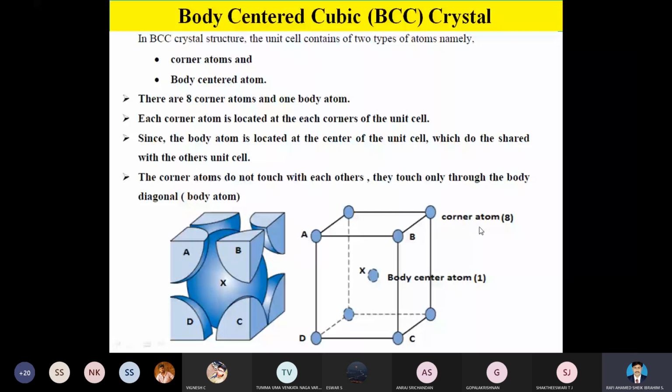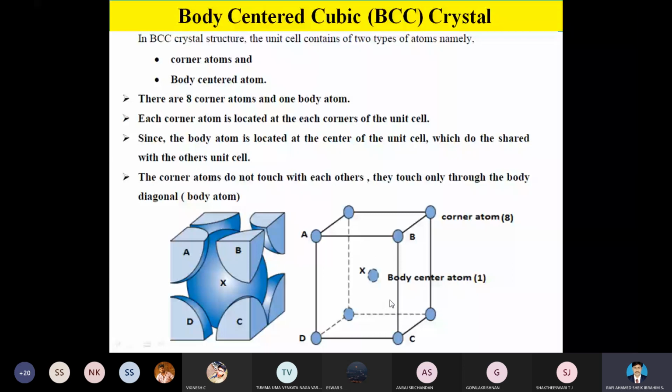Therefore, the total number of corner atoms in this cubical structure is 8. In addition to these 8 corner atoms, we have one body atom. That body atom is located at the center of the cube.